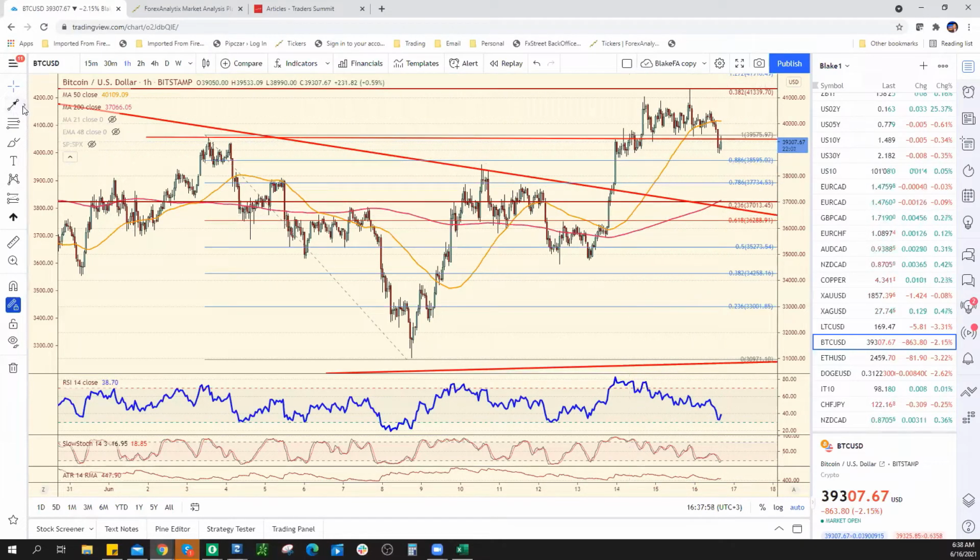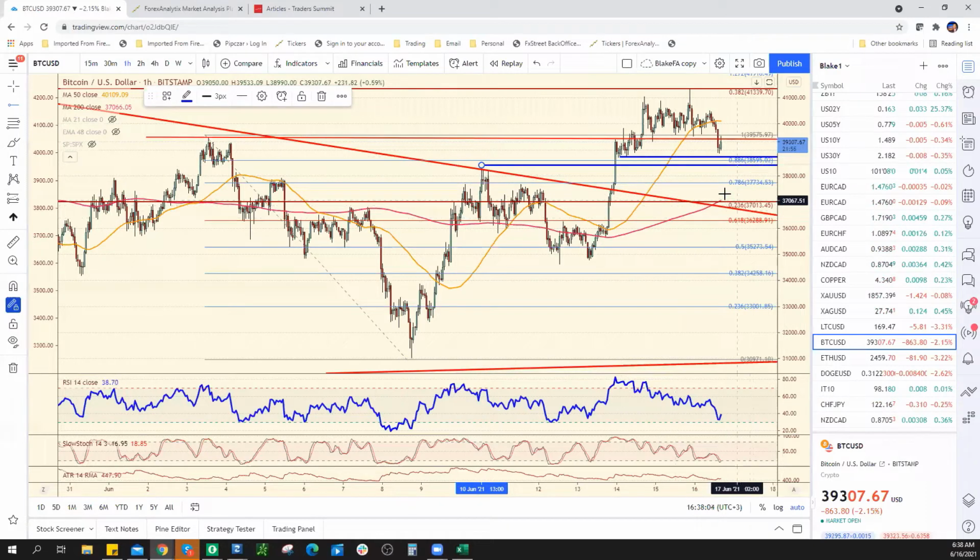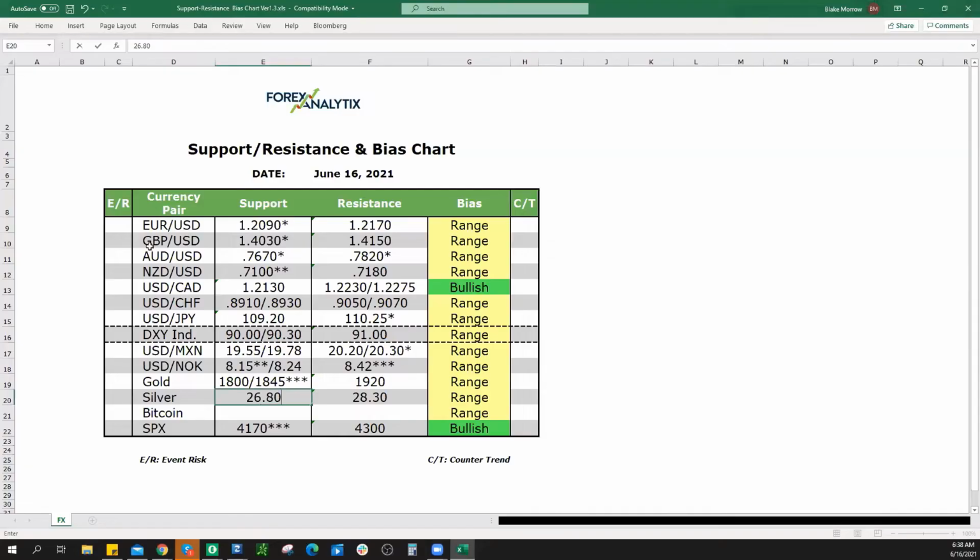So here's resistance, support, a break below 38.4. Previous resistance, that should act as current support, a break below 38.4 will probably bring in some selling.